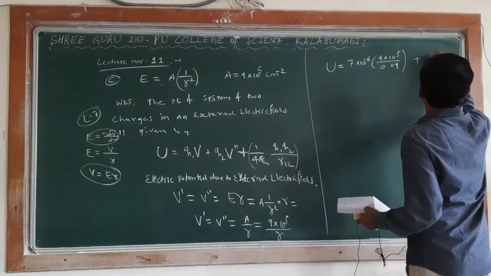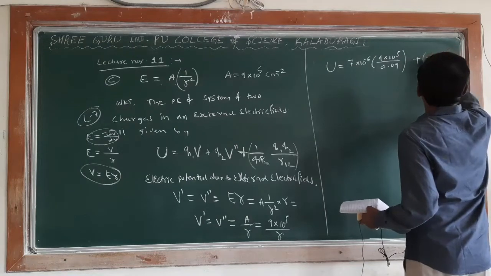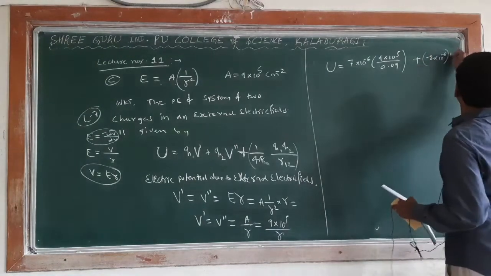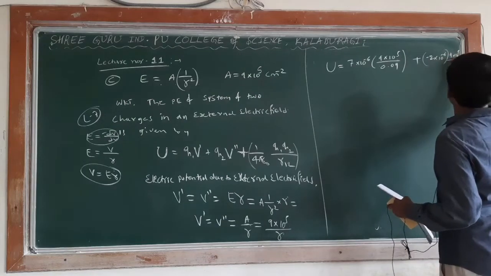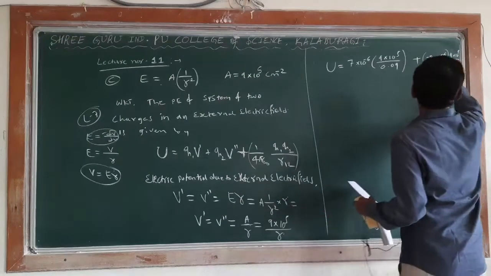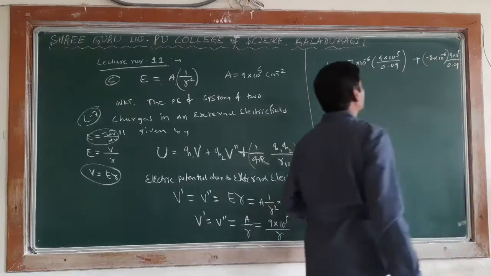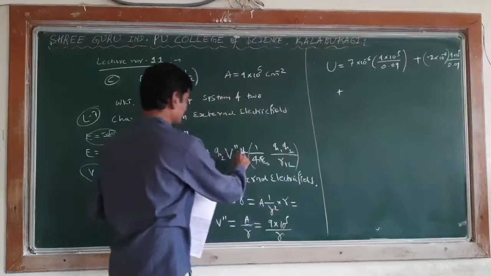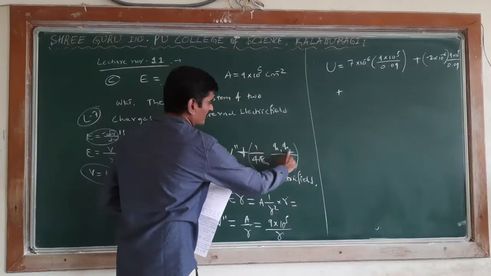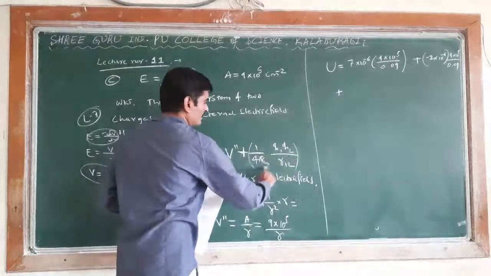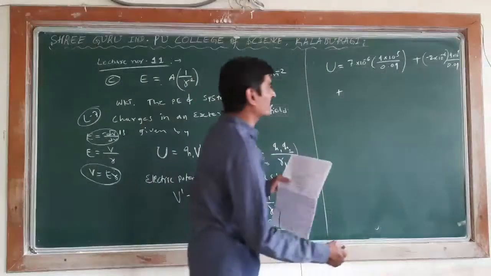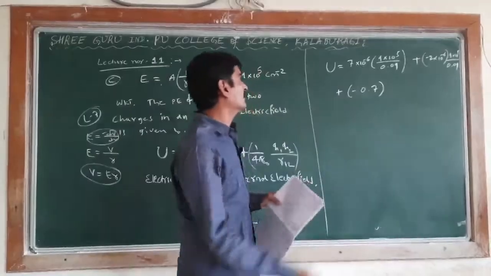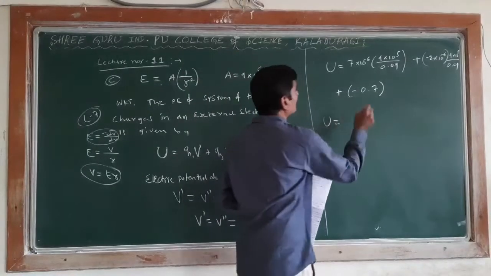Q2 is minus 2 into 10 to the power minus 6 and V double dash is 9 into 10 to the power 5 divided by R, that is also 0.09. Plus 1 by 4 pi epsilon Q1 Q2 divided by R12. This entire value we have already calculated as minus 0.7. So now simplify this one.